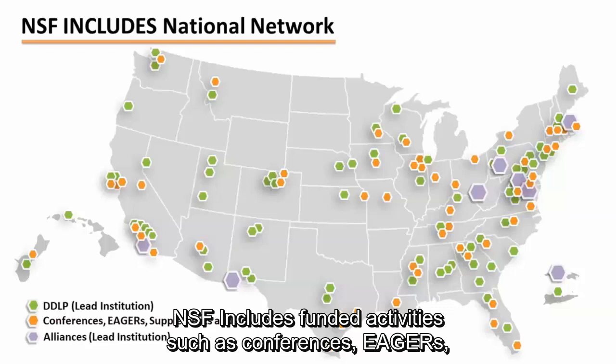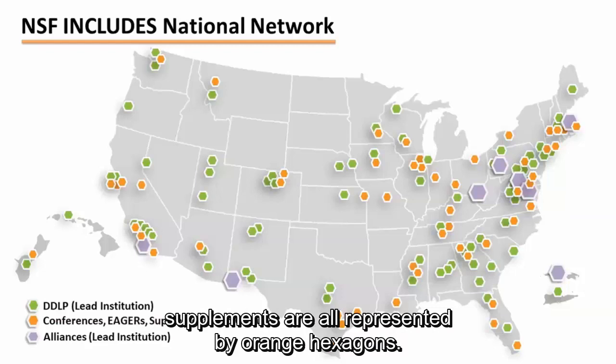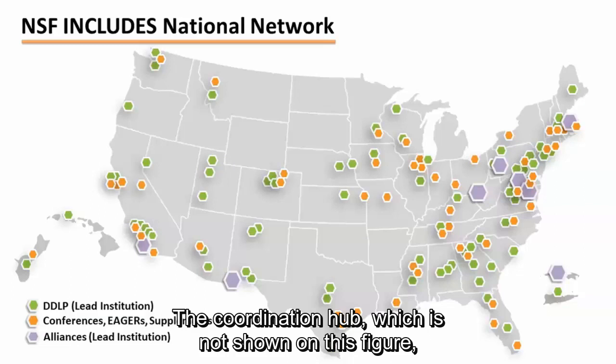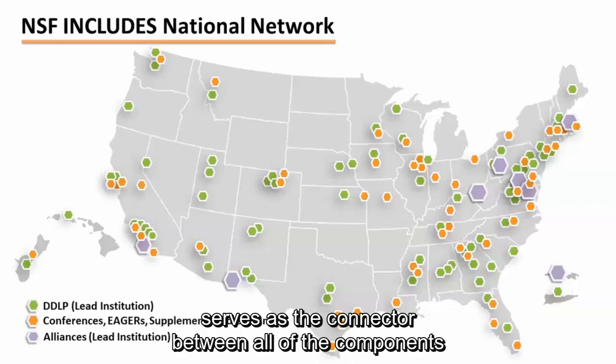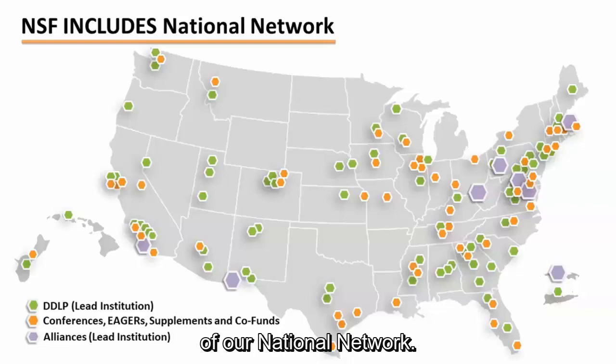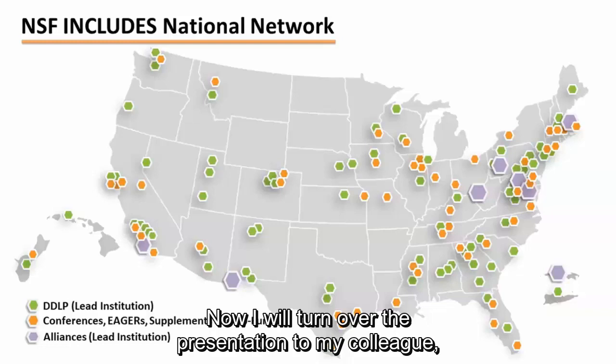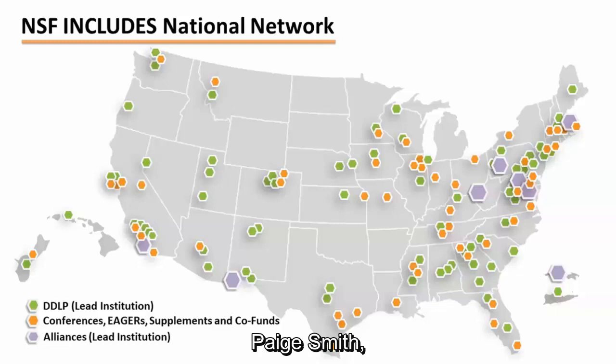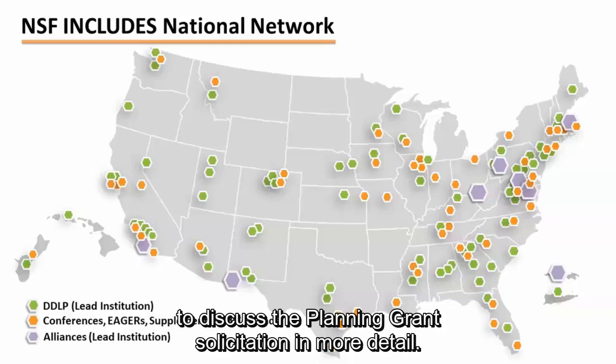NSF INCLUDES funded activities such as conferences, EAGERs, and supplements are all represented by orange hexagons. The Coordination Hub, which is not shown on this figure, serves as the connector between all of the components of our national network. Now, I will turn over the presentation to my colleague, Paige Smith, to discuss the planning grant solicitation in more detail.